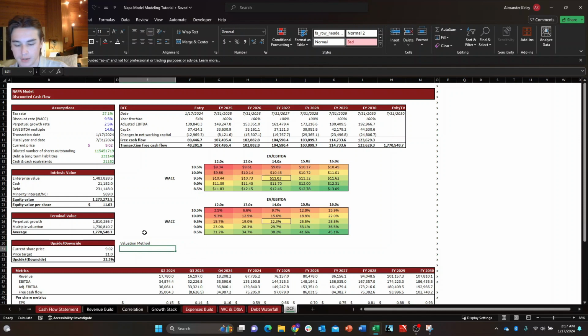Valuation method, right? I'll have my DCF, my EV, EV free cash flow, maybe like future, so 2025 free cash flow, and then EV 2025 revenue.